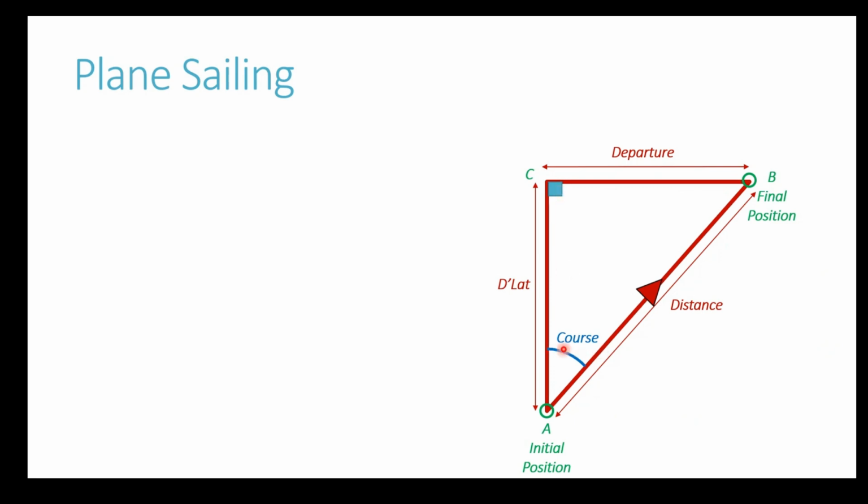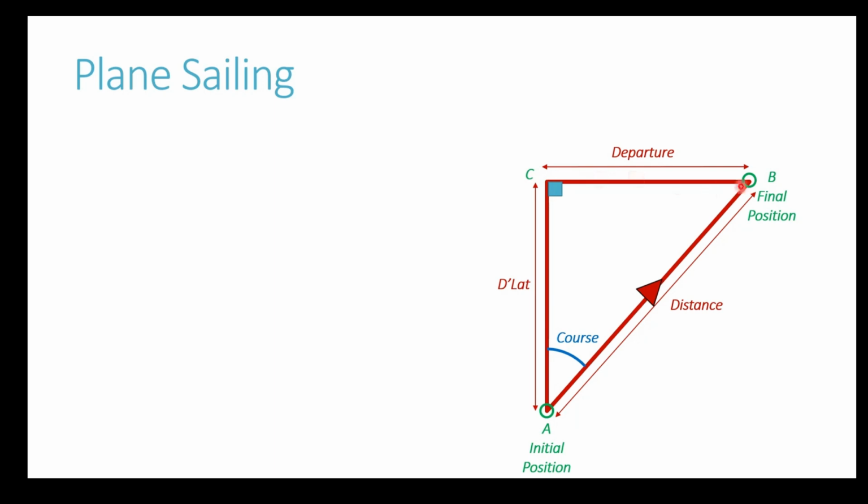Now considering this angle, that is angle A, as our course, the side AB of the triangle is the hypotenuse. Hypotenuse is the side opposite to the right angle. So side AB is the hypotenuse. Side AC, which is connected with this angle, is the base as far as trigonometry is concerned.